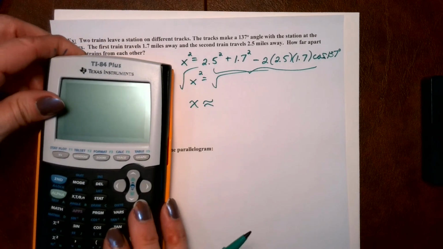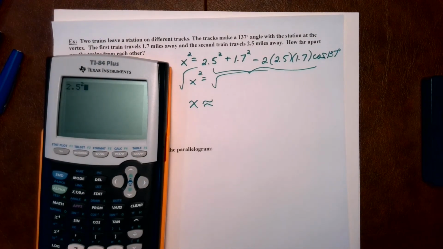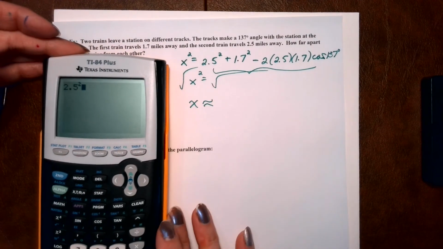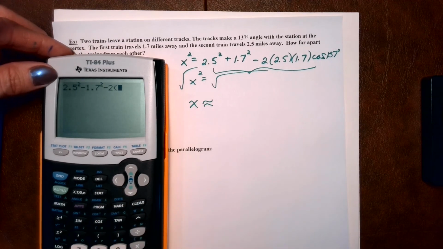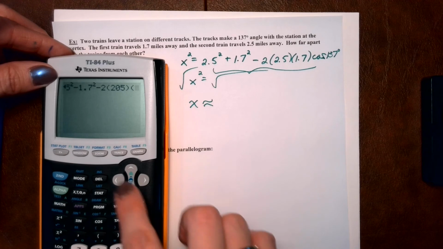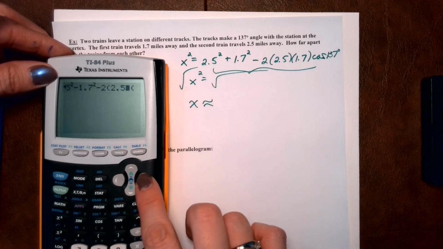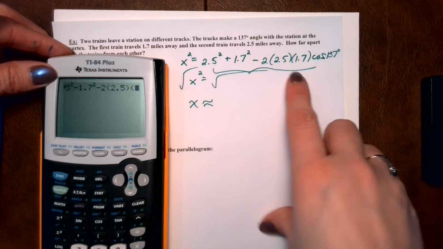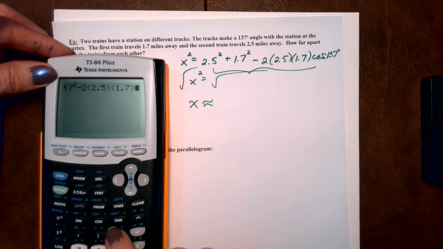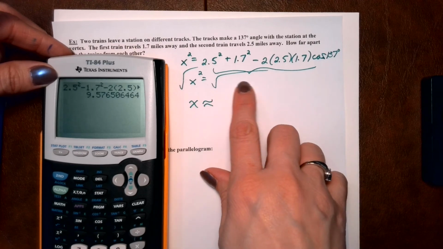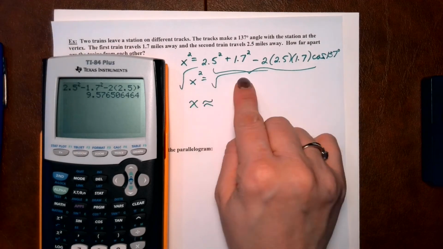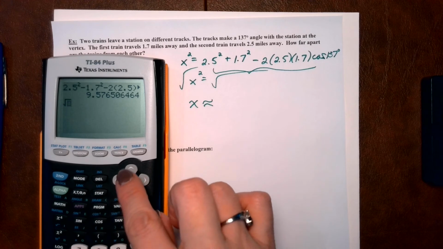So let's see. 2.5 squared. Play along with me, please. Plus 1.7 squared minus 2 times 2.5 times 1.7 times the cosine of 137. Okay, so that's those decimals there, but we're going to have to square root both sides.